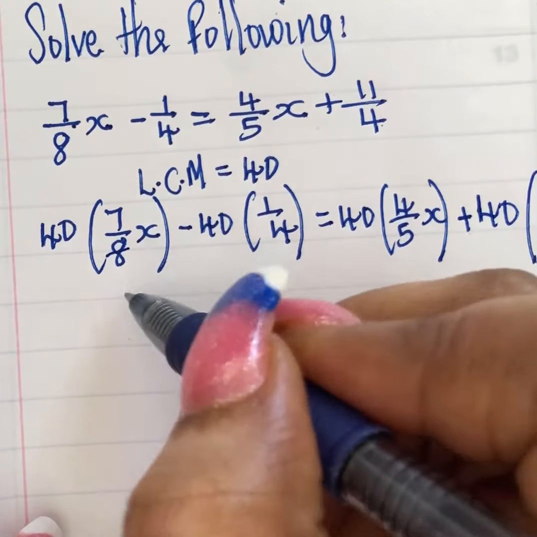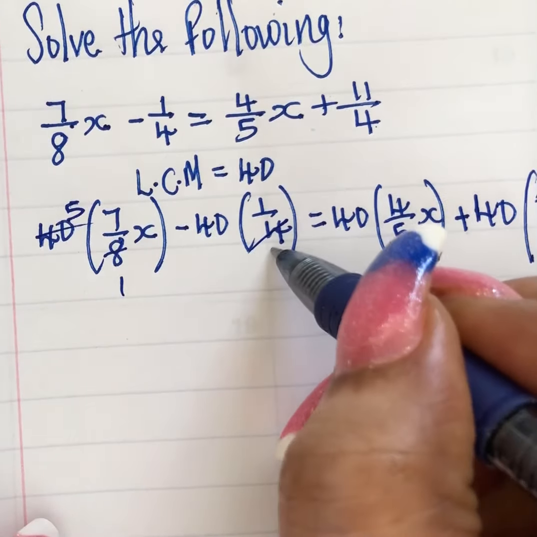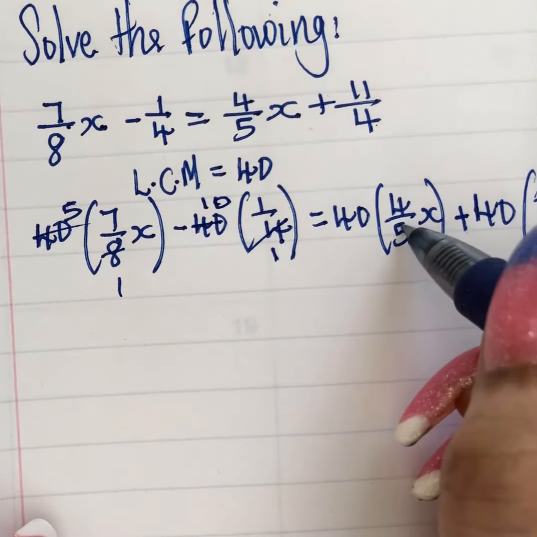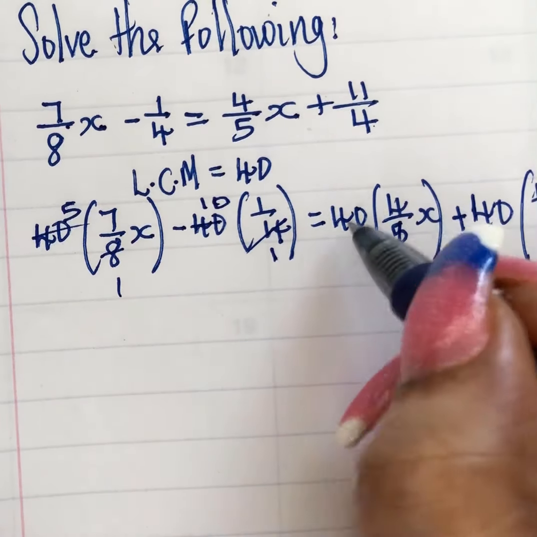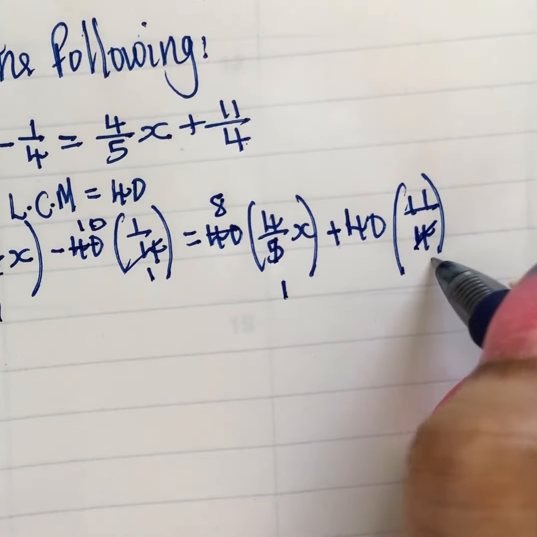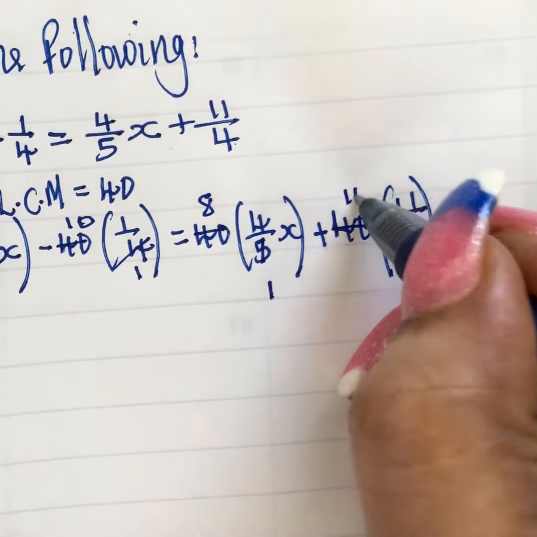Eight into itself is 1, 8 into 40 is 5. 4 into itself is 1, 4 into 40 is 10. 5 into itself 1, 5 into 40, 8. 4 into itself 1, 4 into 40, 10.